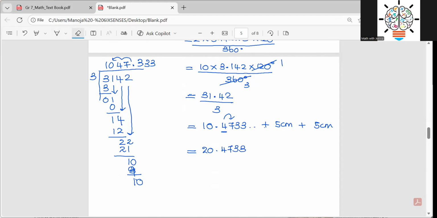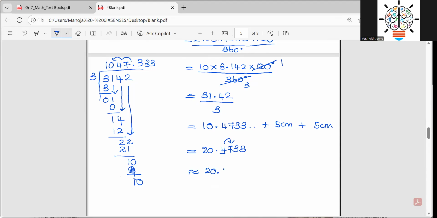Right? So actually at this point we are not checking the significant figure. At this point only you want to find it. You look at the next number. So your final answer will be 20.5 centimeter and you write third significant figure, right?